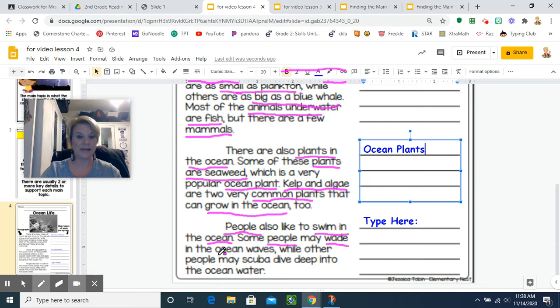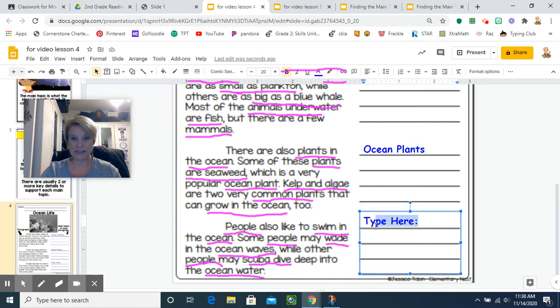People wade in the ocean waves, while other people may scuba dive deep into the ocean water. All right, so I'm going to change this here to say that this paragraph was about people in the ocean.